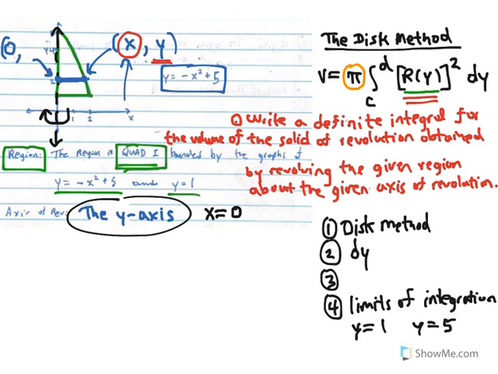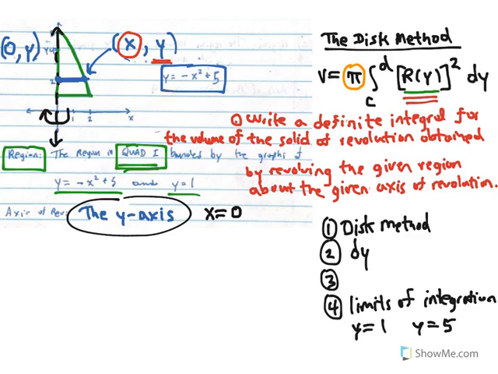X I can just replace with 0 because no matter where I am on the y-axis, x is always 0. Regardless of the y coordinate, x will always be 0 because I have a point on the y-axis. So we just have to figure out how to write x in terms of y for the x coordinate of the right endpoint.